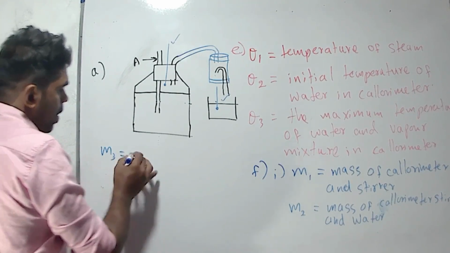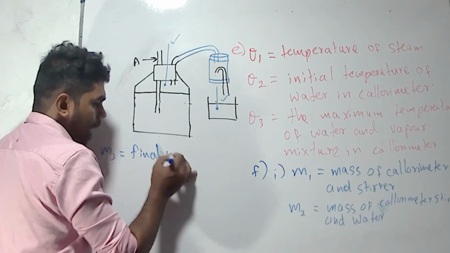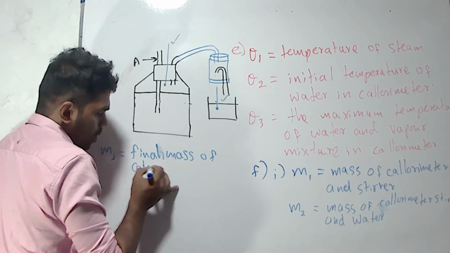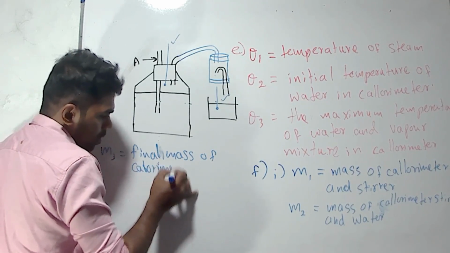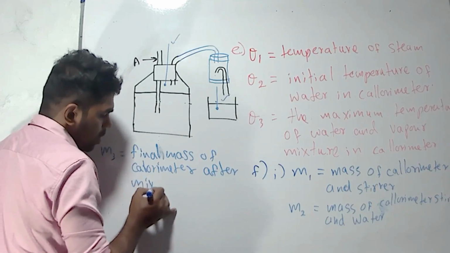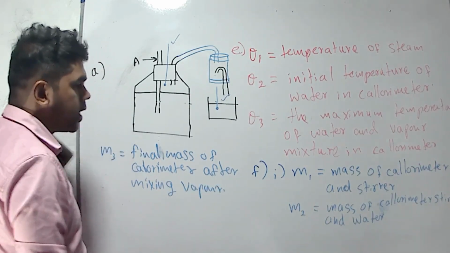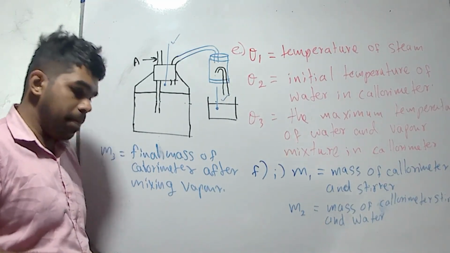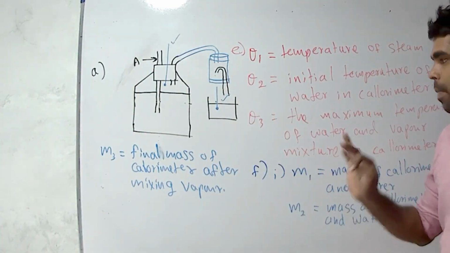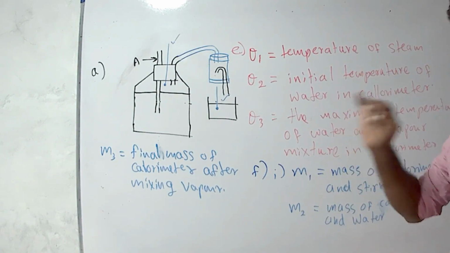M3 should be the final mass of the calorimeter after mixing vapor. It means it has the mass of calorimeter, mass of stirrer, mass of initial water amount, and mass of mixed vapor amount.